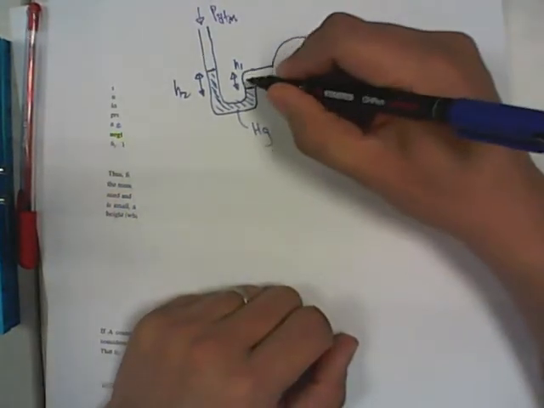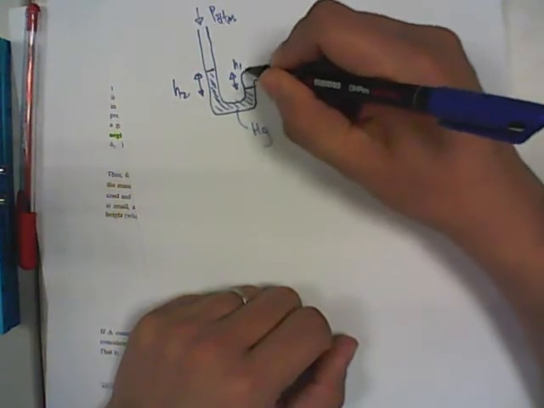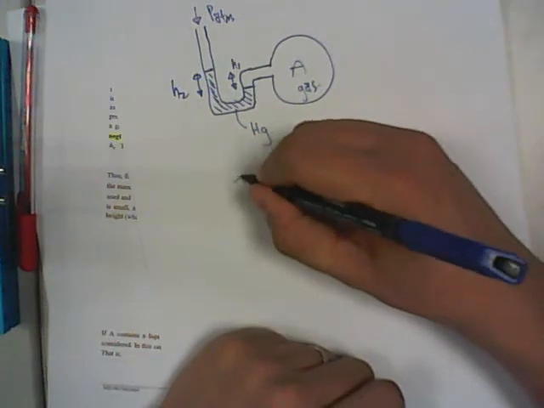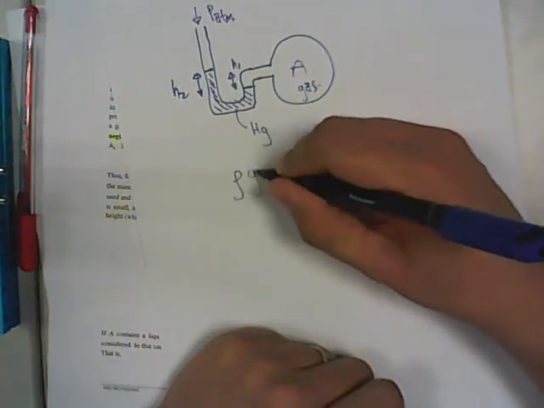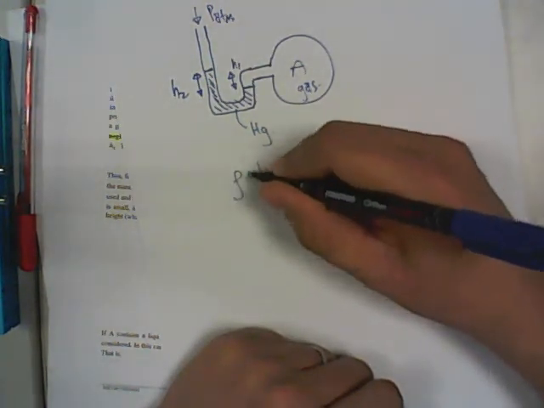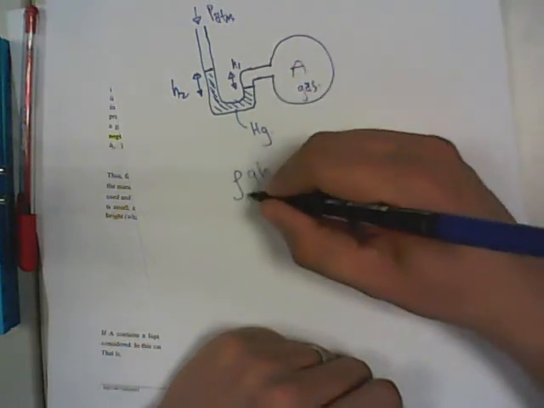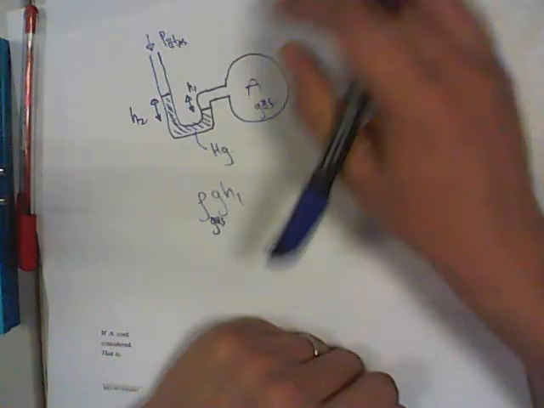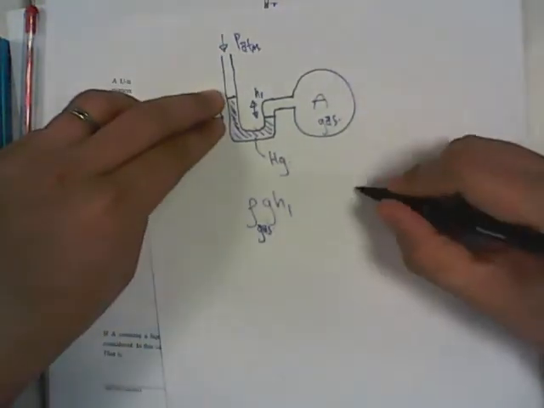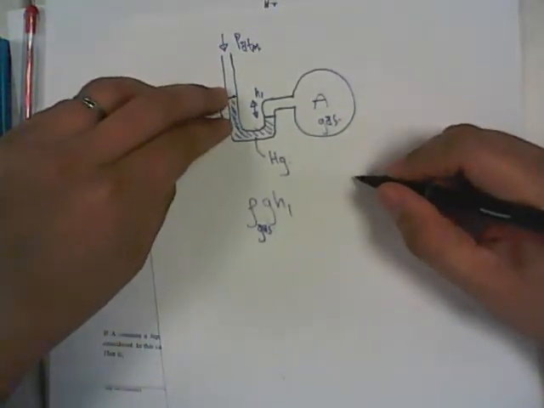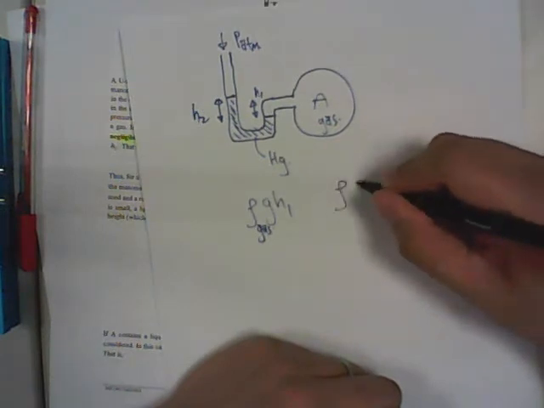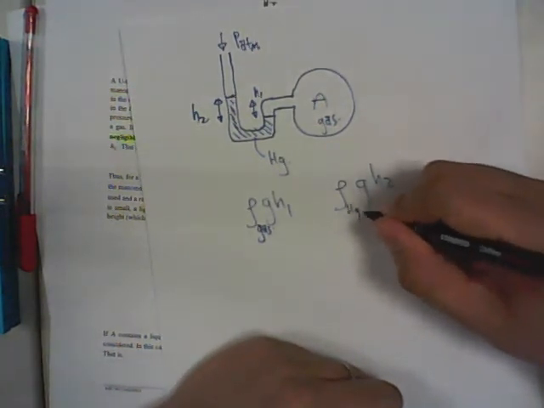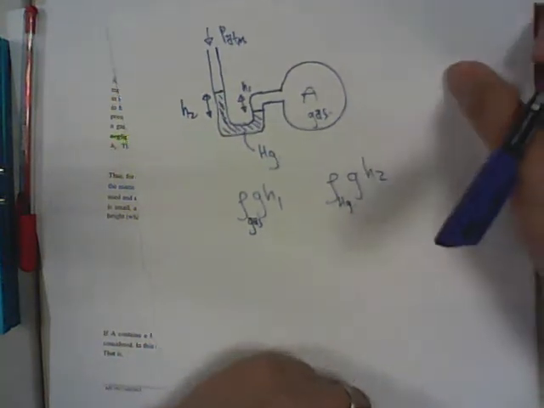The contribution of pressure by this height of gas will be rho g H1, and this rho is the density of the gas. But this mercury column here contributes rho g H2, and the rho is the density of mercury.